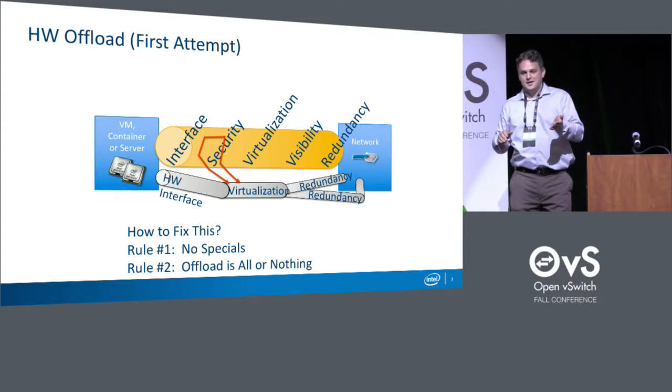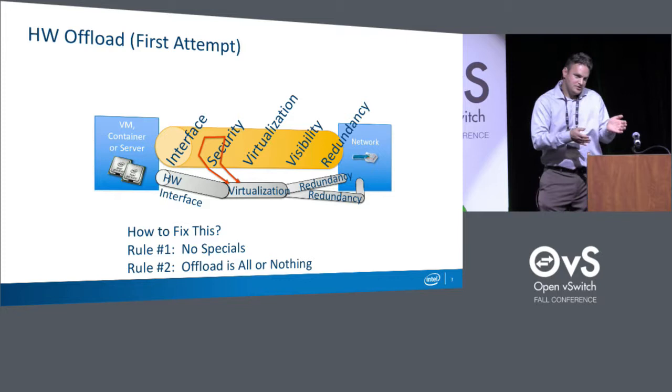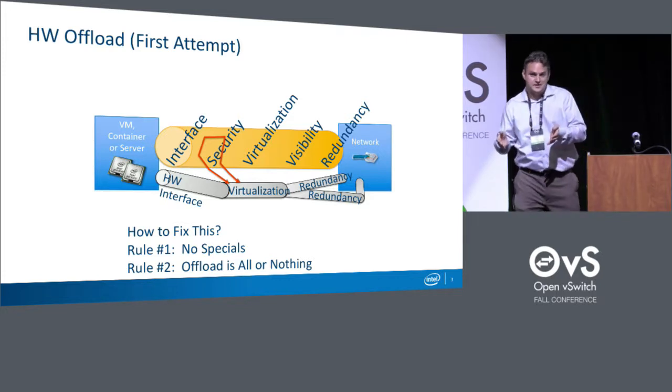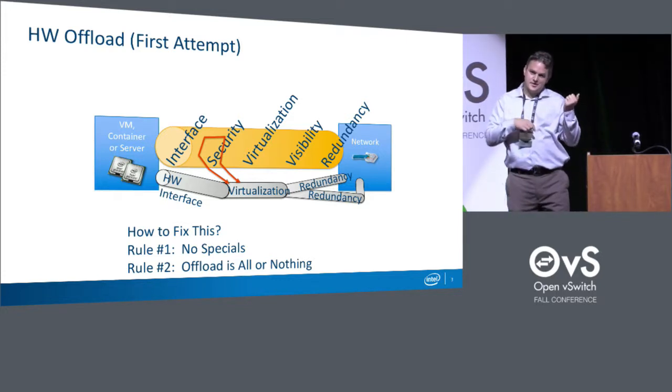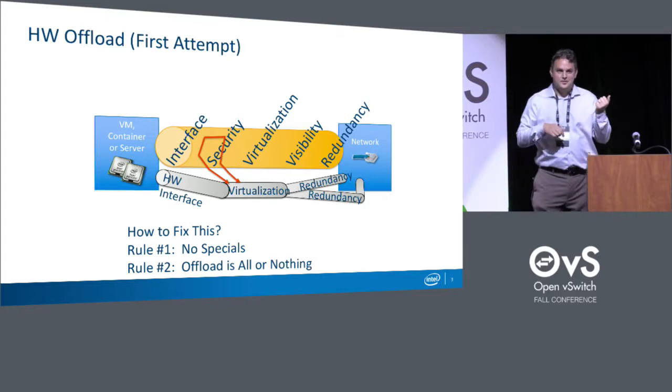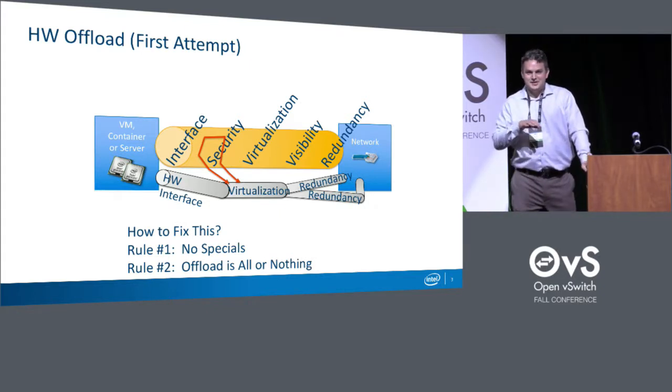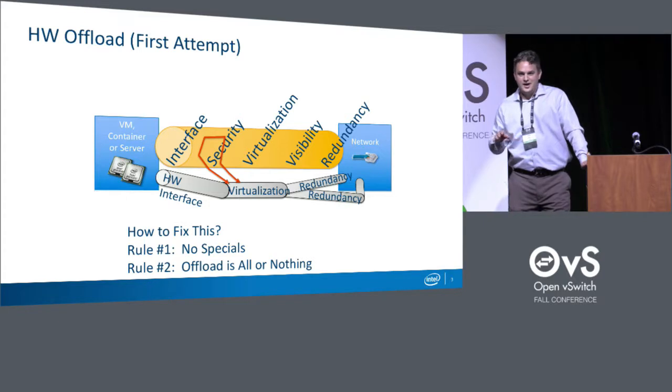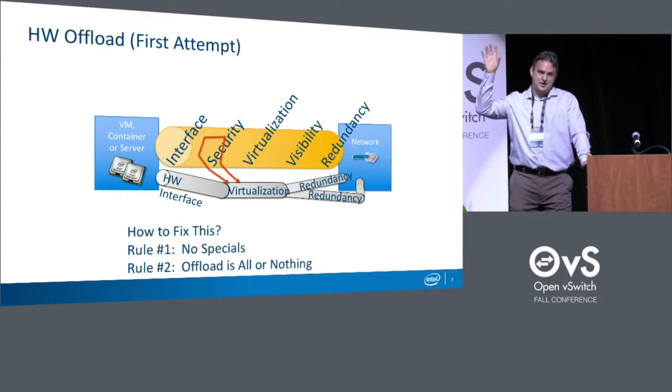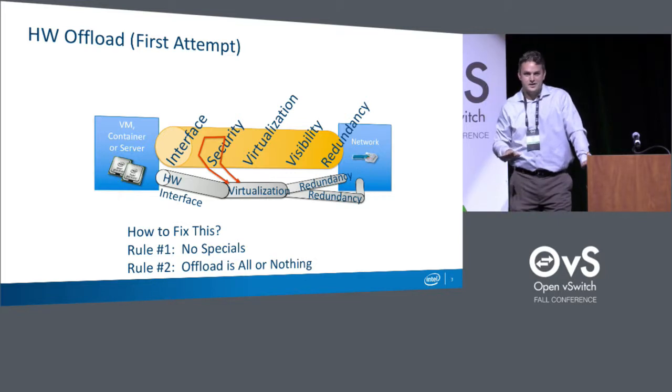it's all or nothing, in that if you just offloaded about 80% of it, but then had to hop back into software for the other 20%, what we found is that sometimes can completely negate some of the benefits that you got from the hardware offload. And so we try as best we can to get all of the same functionality that we had in the software and push it into the hardware.